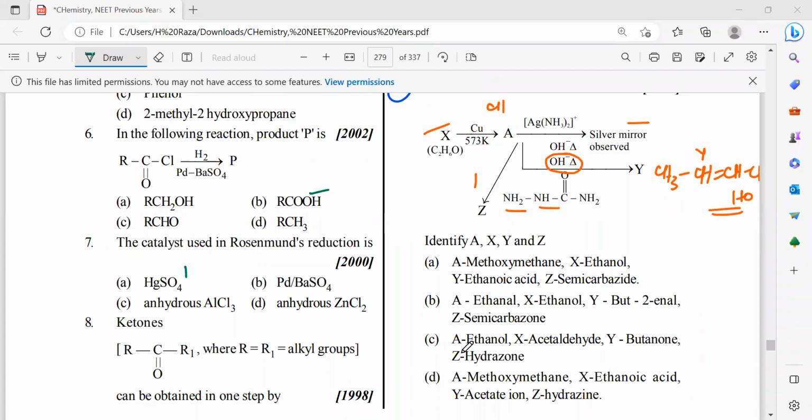Question number 6 is quite easy. No answer. Six and 7 are quite easy.